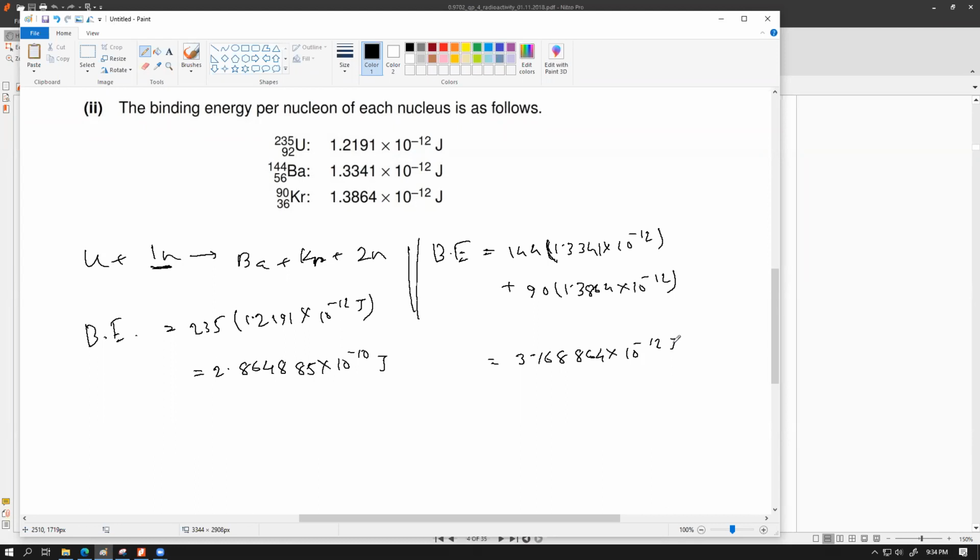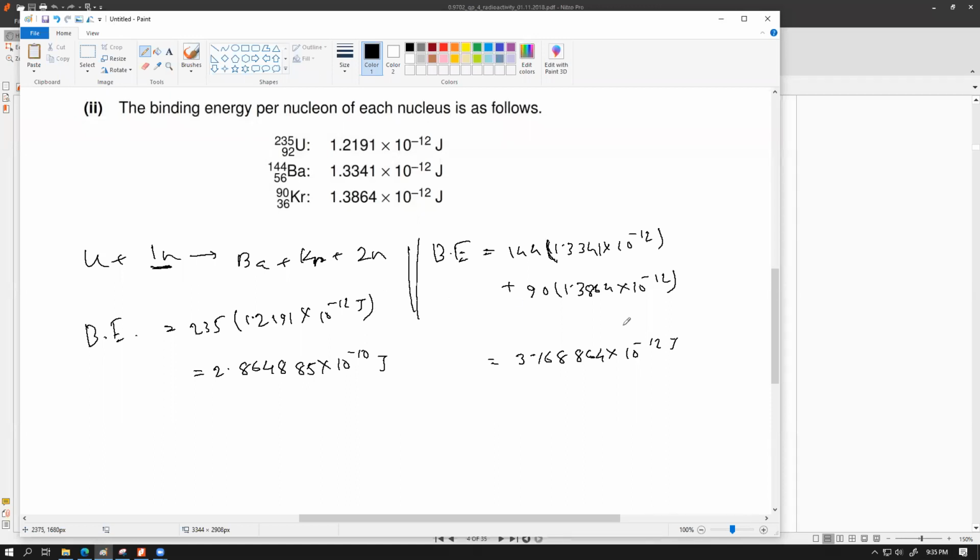On the product side. Larger binding energy means that in this process the products have a bigger amount of binding energy compared to the reactant side. Now, whenever binding energy is given rather than masses, the way to calculate the energy released is to subtract those two values, and that gives the total energy output of this reaction. So if we do the subtraction, it is 10 to the power minus 10 on the right-hand side.